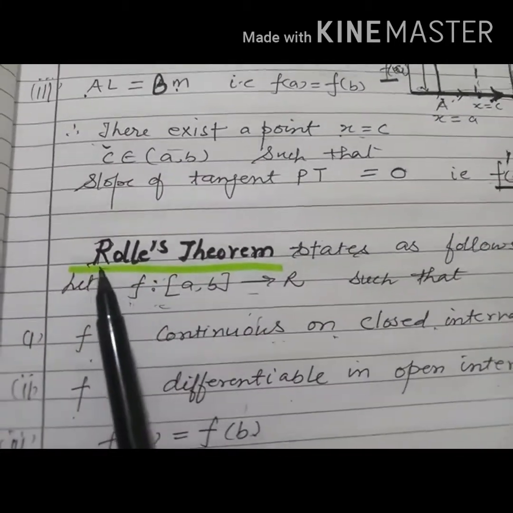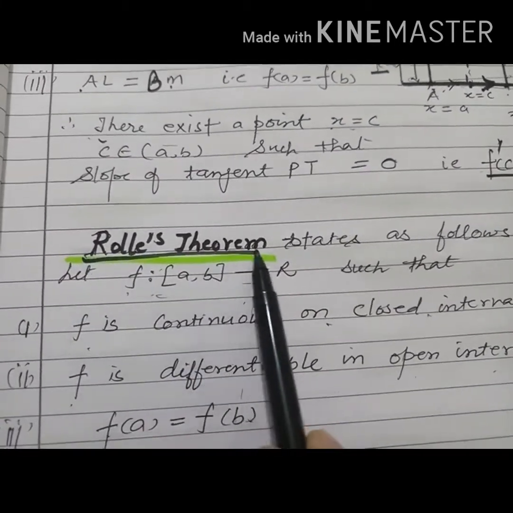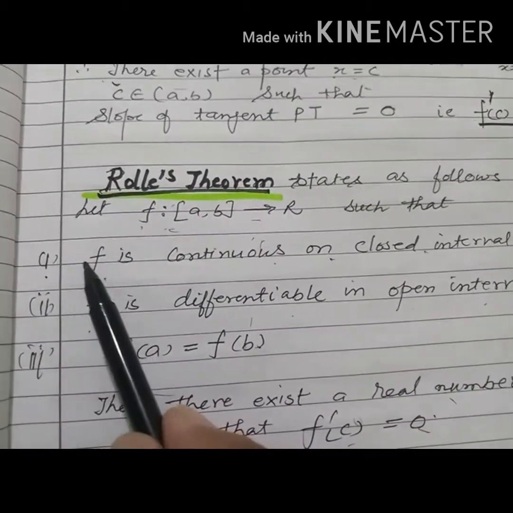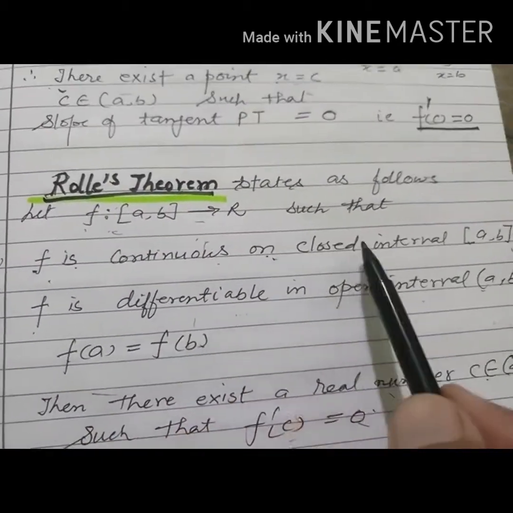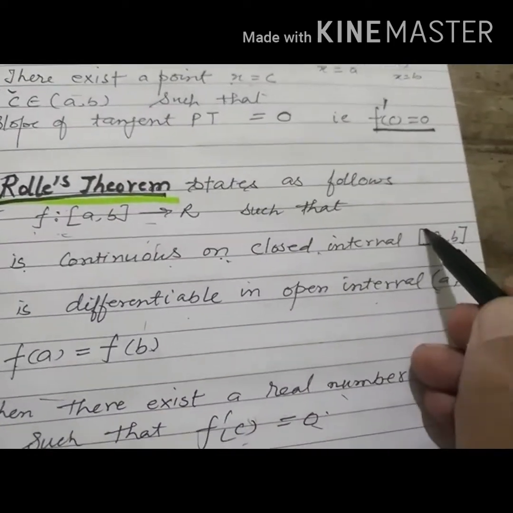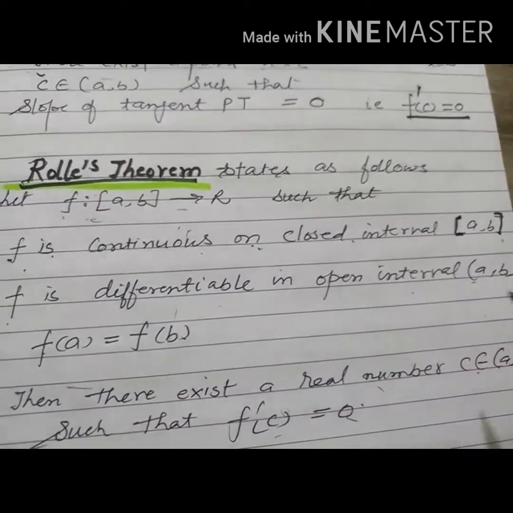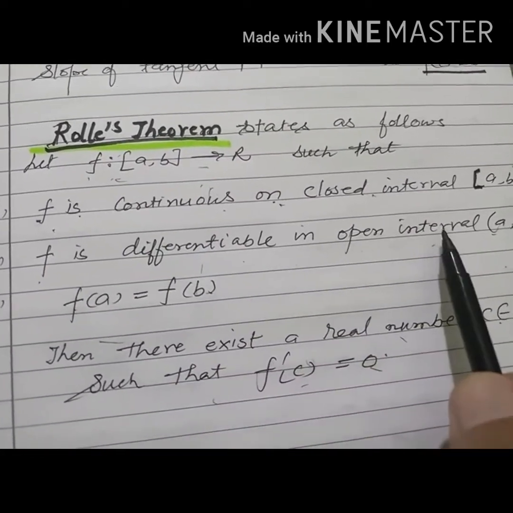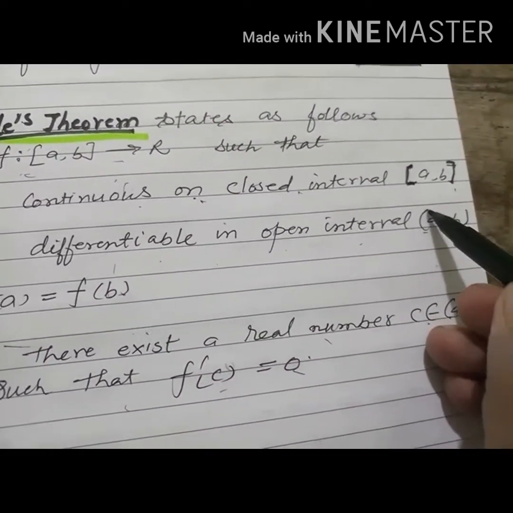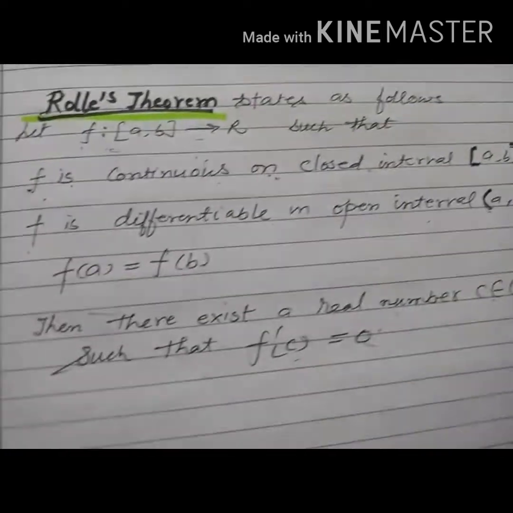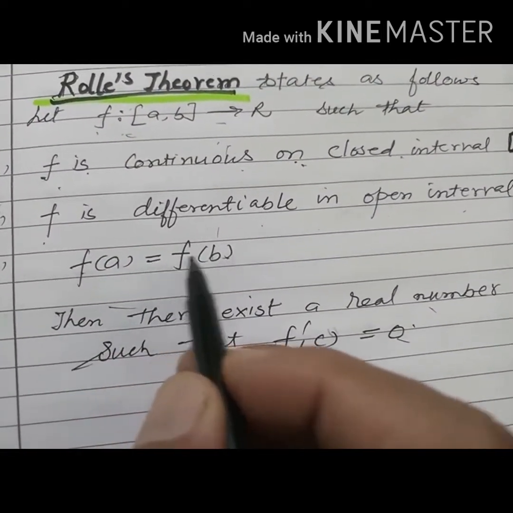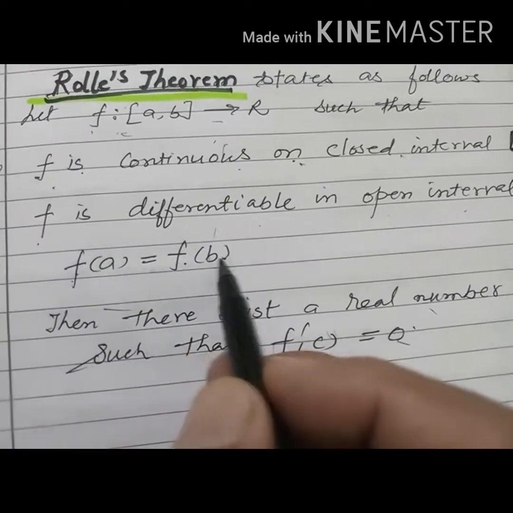Now we see what we do in Rolle's theorem. First thing we will check: the function is continuous on the closed interval a to b. Second, we'll see the function is differentiable in the open interval a to b. Then the value of the function at a should be equal to the value of the function at b, f(a) equals f(b).